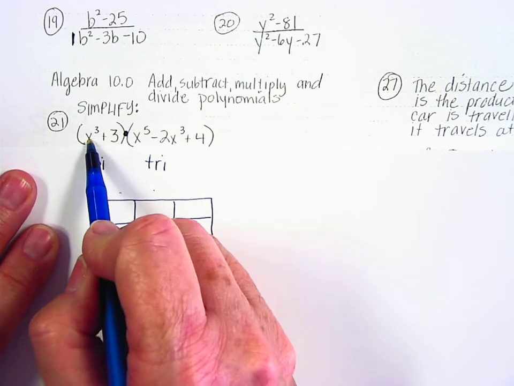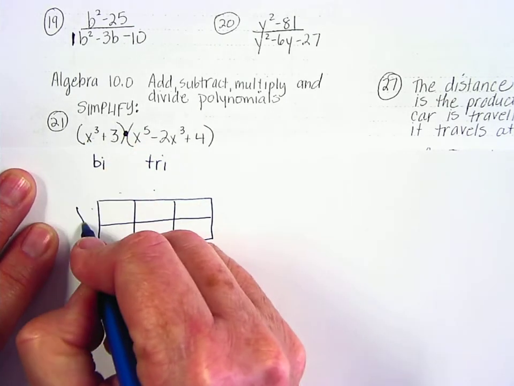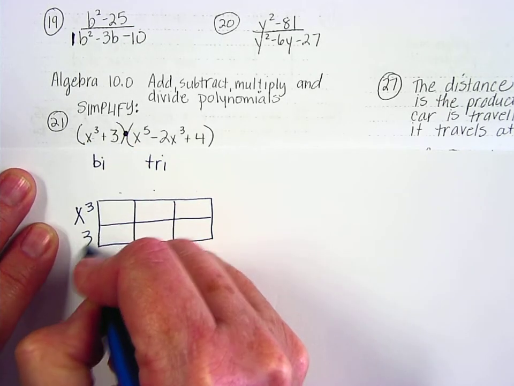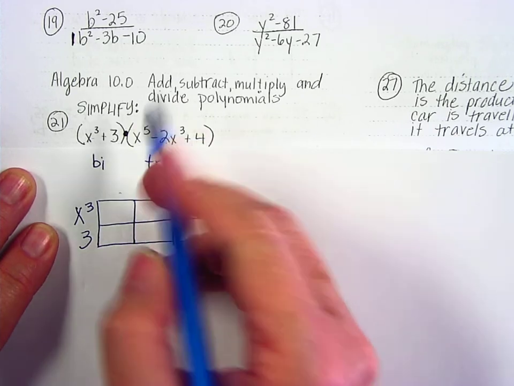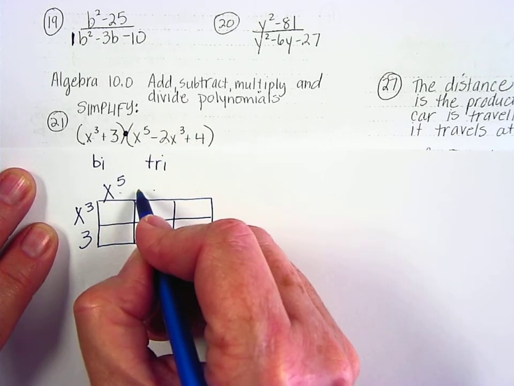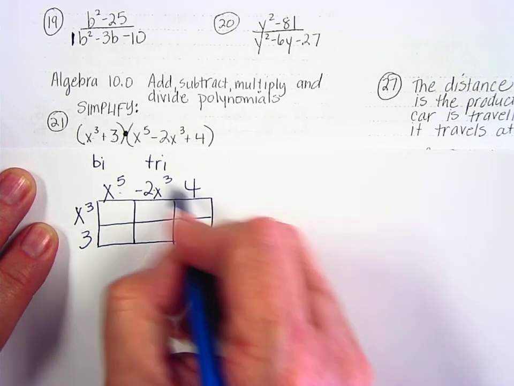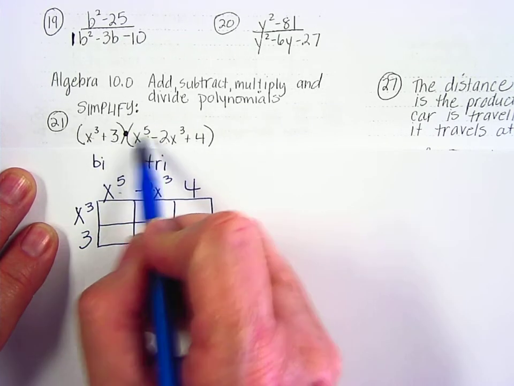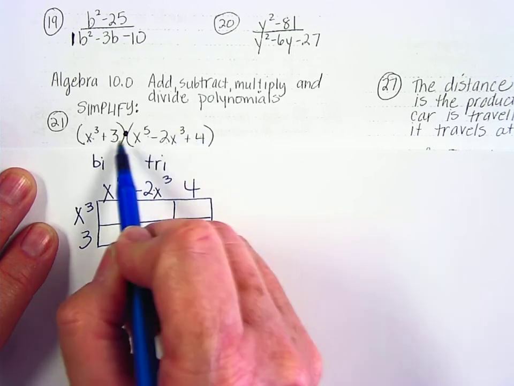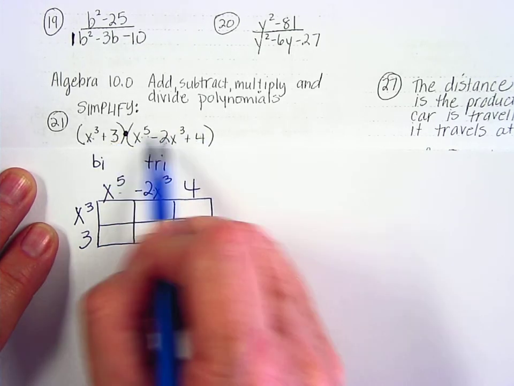So my 2 terms in my binomial are x to the 3rd and 3, and my 3 terms in my trinomial are x to the 5th, negative 2x to the 3rd, and 4. And the reason we do it this way is to make sure that every term gets multiplied by every term.